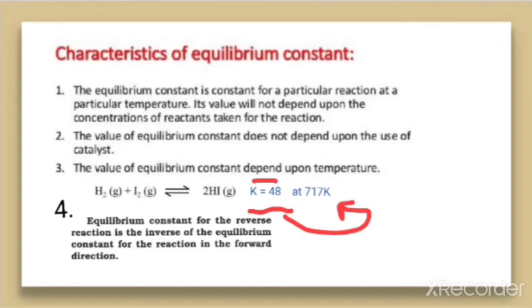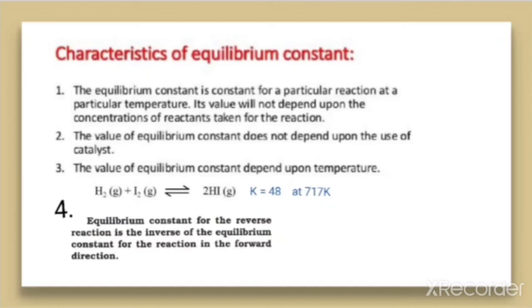So the value of K depends upon the temperature. It is constant for a particular reaction at a particular temperature only. And the fourth point, which we have already discussed, is that the equilibrium constant for the reverse reaction is the inverse of the equilibrium constant for the reaction in the forward direction.